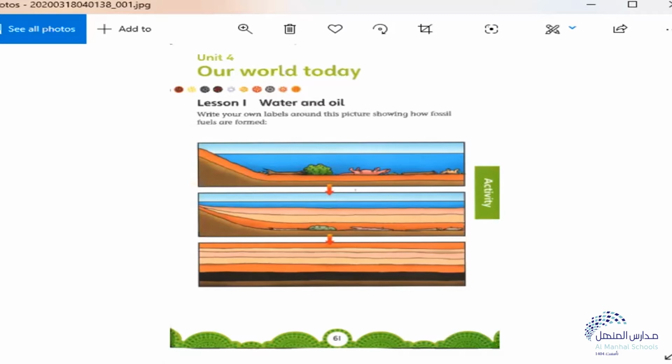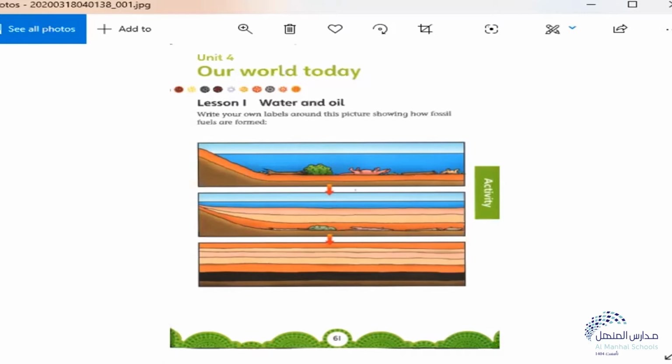Then the darker blue, there you can see a tree that is cut off, and dead animals and plants. These dead animals and plants form over millions of years. It then forms fossil fuels.